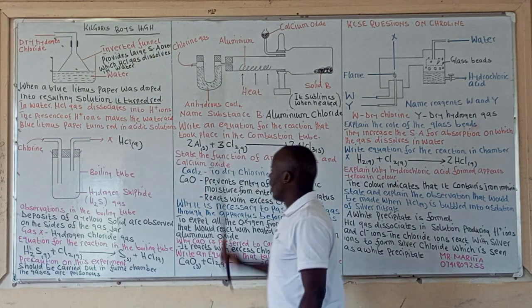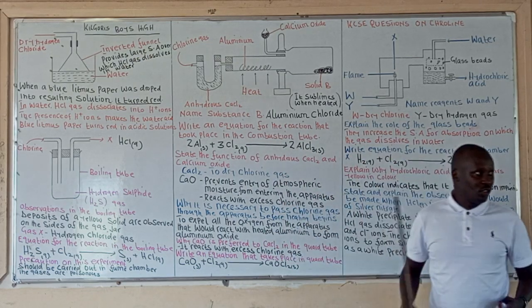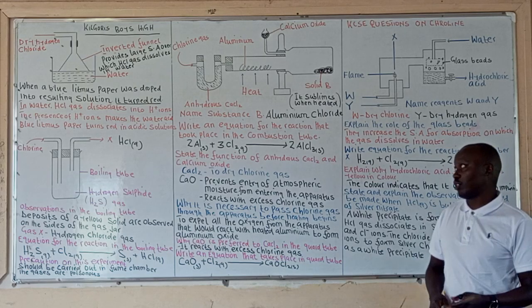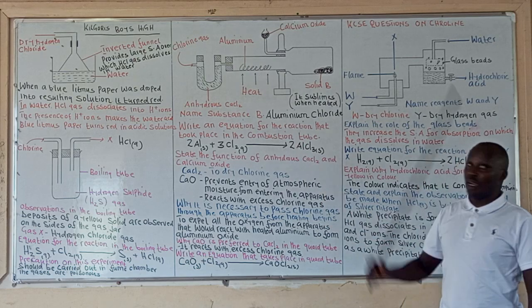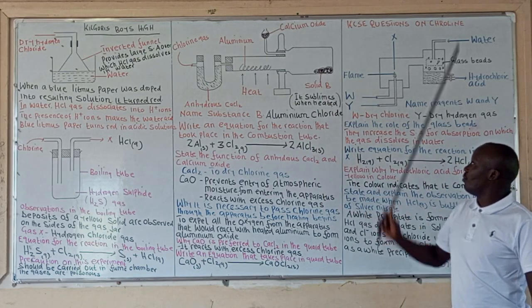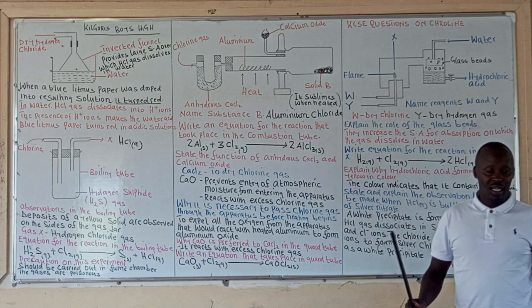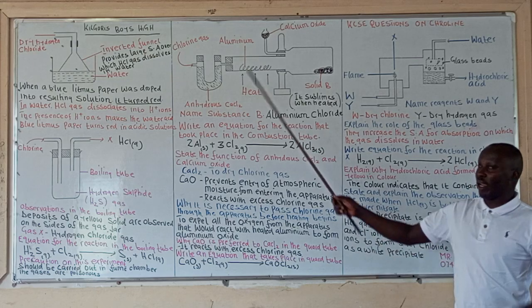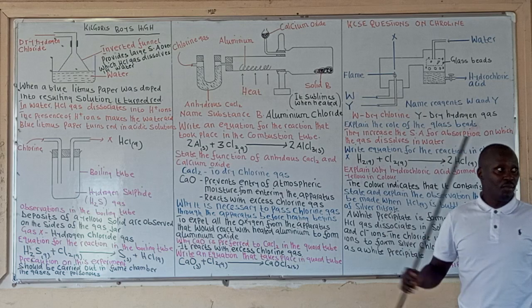In the next diagram, we have chlorine gas. This is testing the properties of chlorine gas, a reaction of chlorine gas with metal. In this case, we have our chlorine gas, then we have aluminum metal, we have the calcium oxide, we have heat, and then we have solid P. This solid P is normally aluminum chloride, whereby when chlorine combines with aluminum, it forms aluminum chloride.